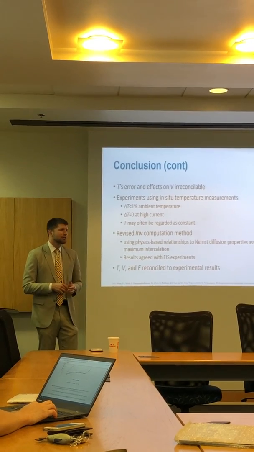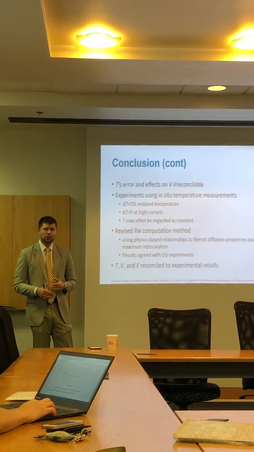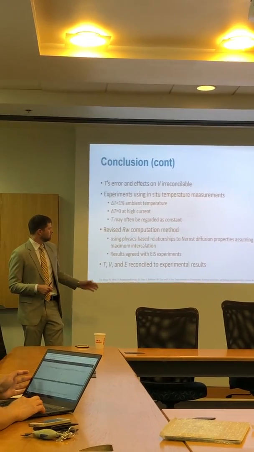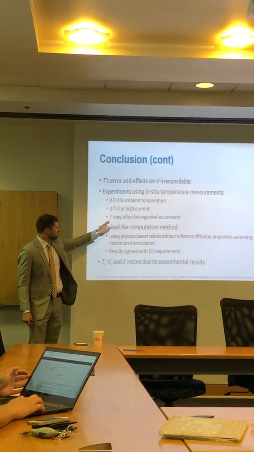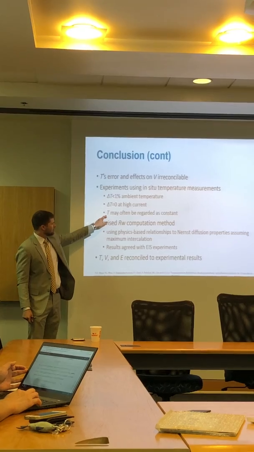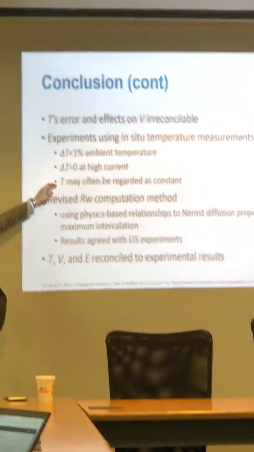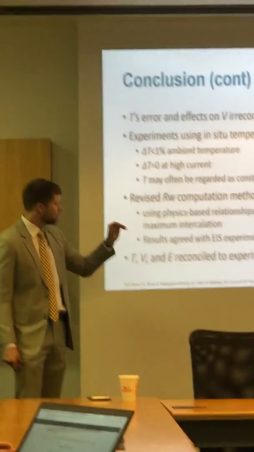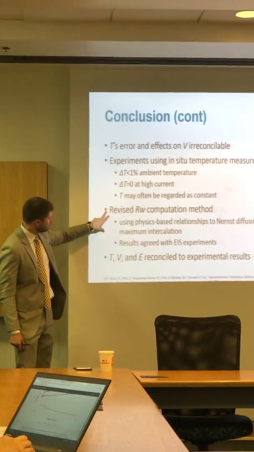The most you can expect to see is about a 1% change, and at high power, 0. So depending on the situation, you may want to just treat T as a constant, and that can certainly be a good rule of thumb to check the model with.